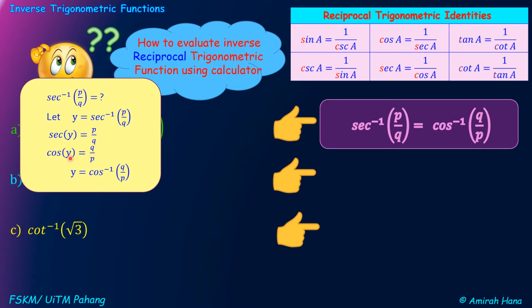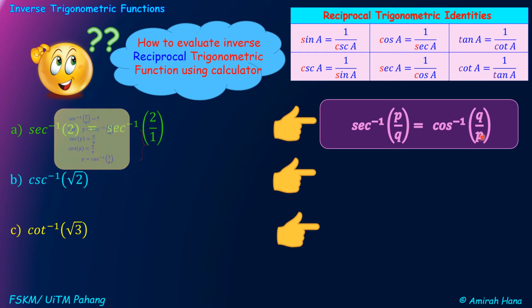Then we write y as the subject and move cos to the right hand side, so we get inverse cos Q over P. So inverse sec P over Q equals inverse cos Q over P.